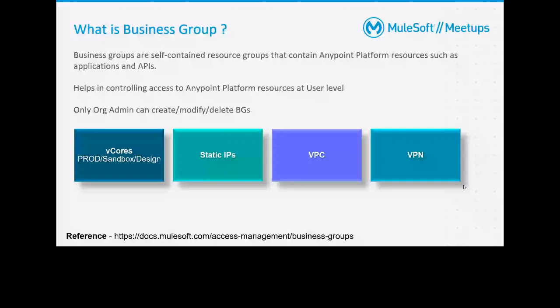When it comes to the MuleSoft org also, it's an empty space allocated in the cloud. You will decide based on the organization style: how many vCores you have, what your business LOBs are. Based on these factors, you decide how your business groups are going to be created and how you'll manage them.